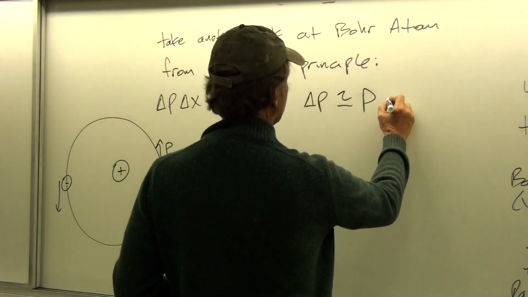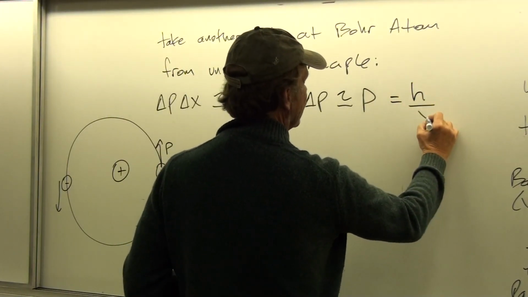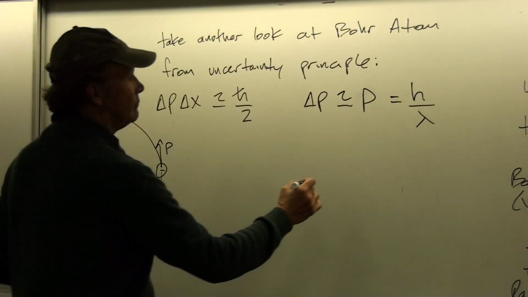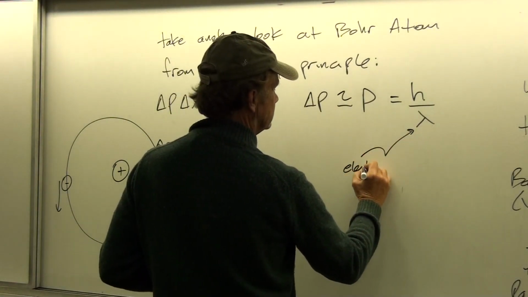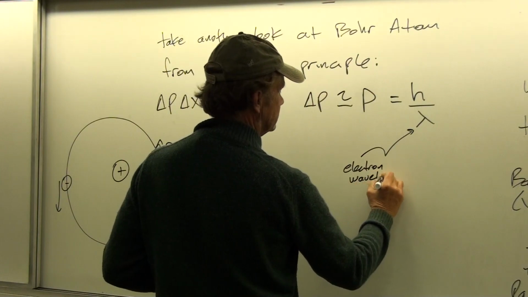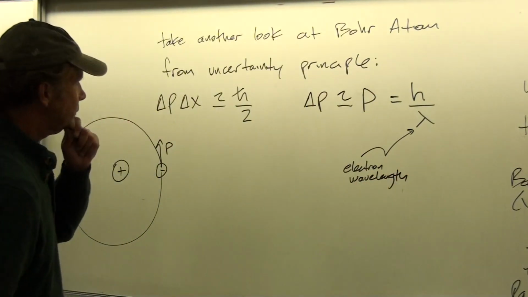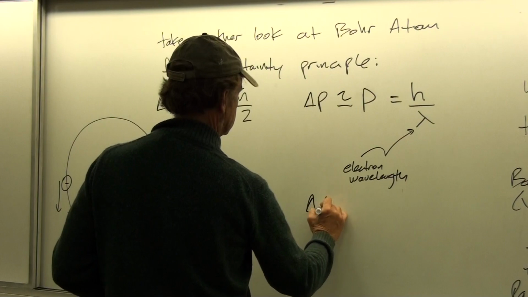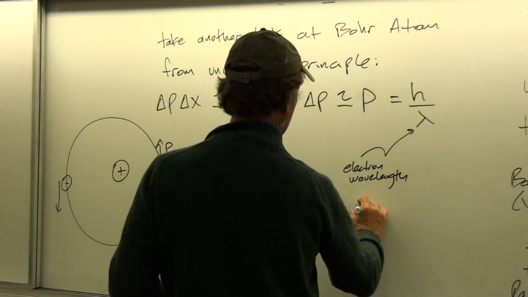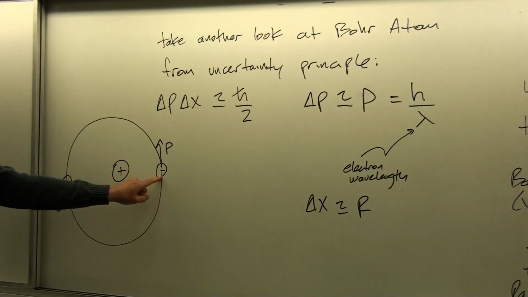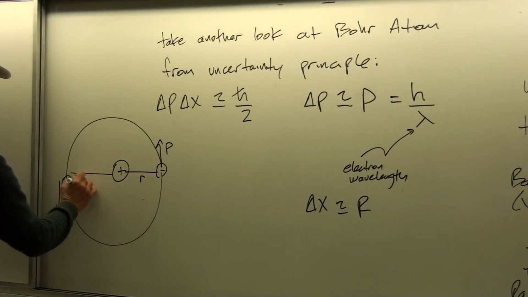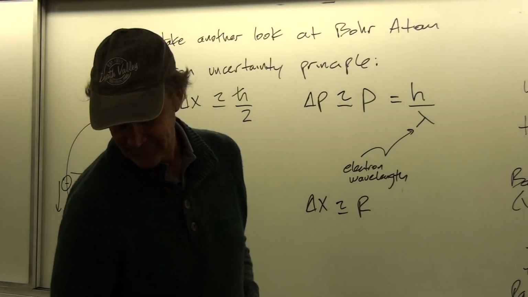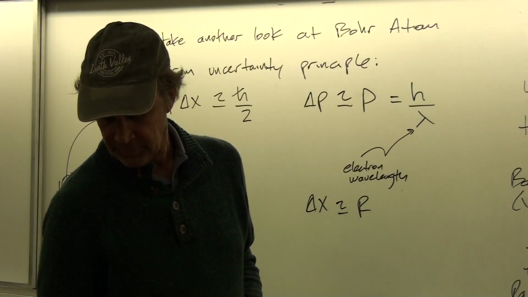We can also say that p is equal to h over lambda, where lambda is the wavelength of the electron. And we can also say that delta x is approximately equal to r, because the uncertainty in the position has to go between plus r and minus r, or in spherical coordinates, that's just r.